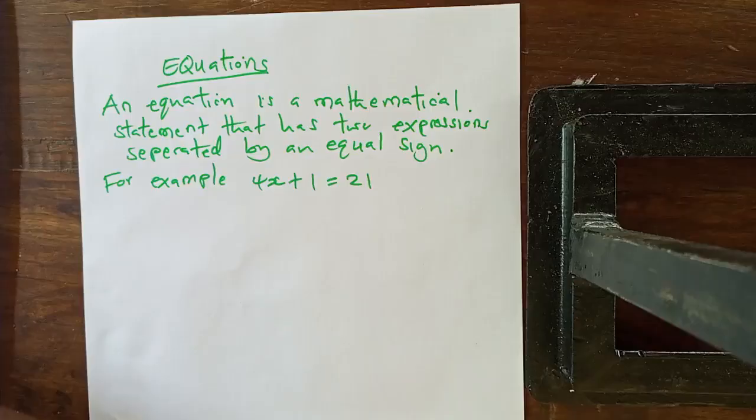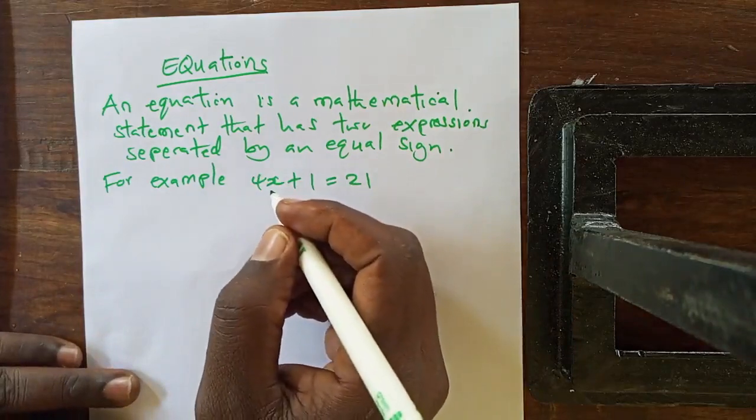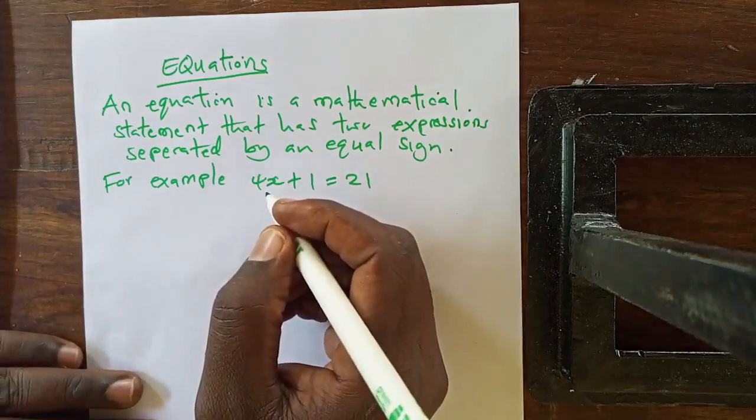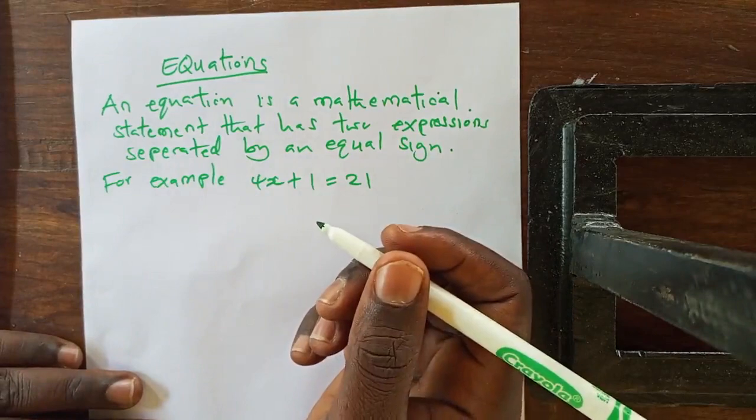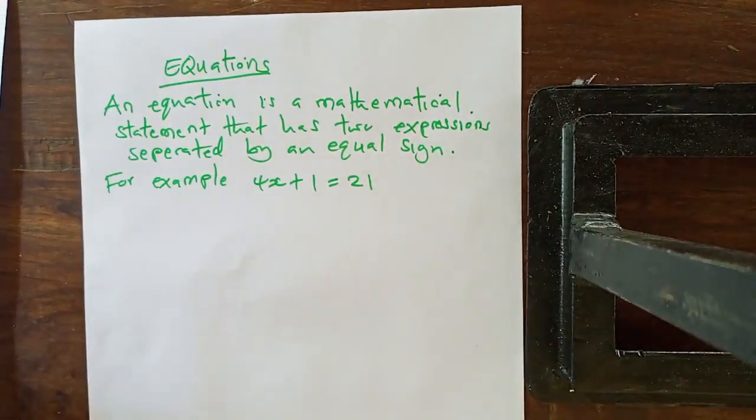From this equation, you observe that we have the coefficient, we have the variable, we have the constant, and we also have the result.